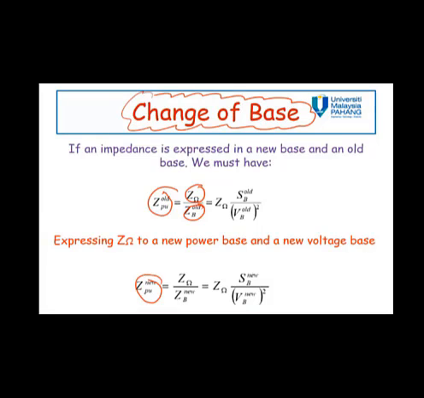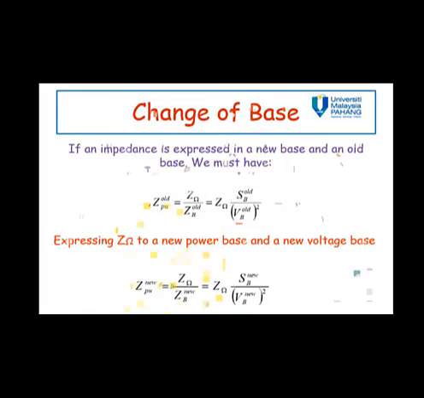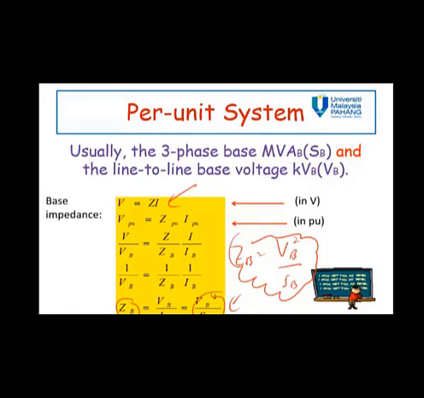When we convert it into the S base, Z base is S base old over V base squared, because we know that Z base equals V base squared over S base.